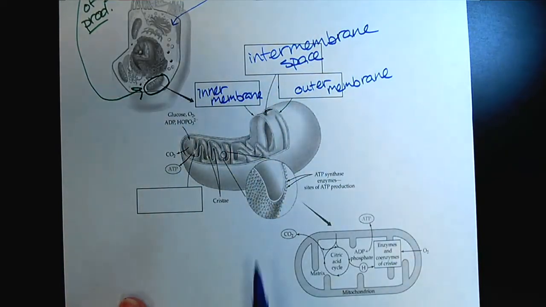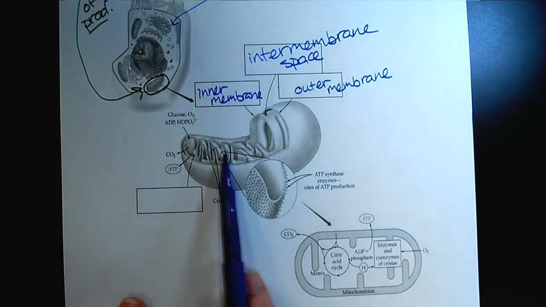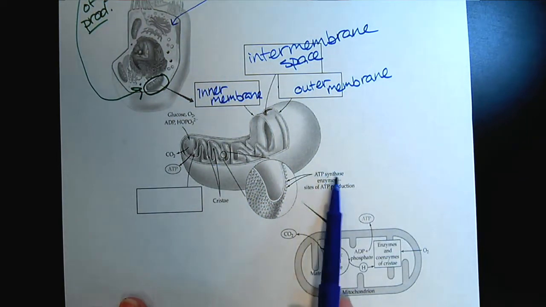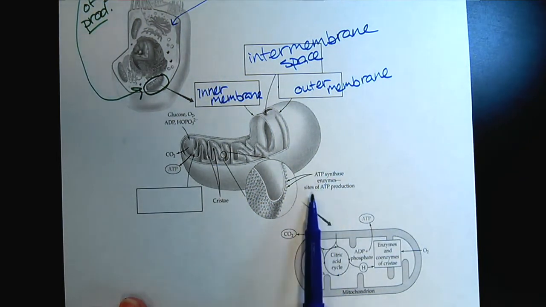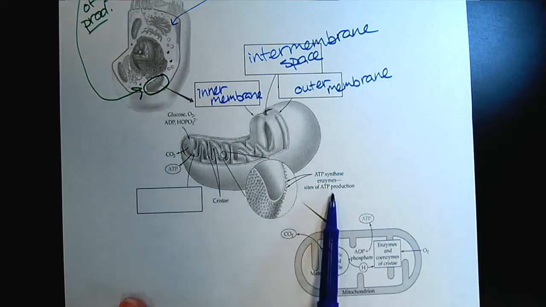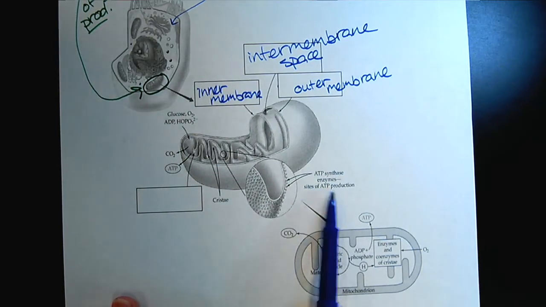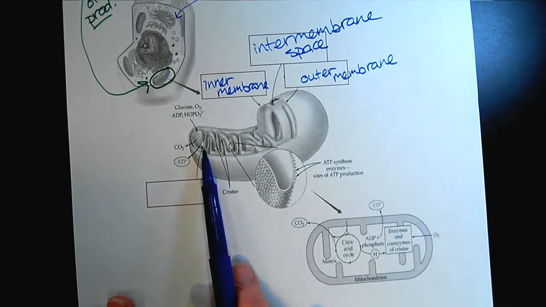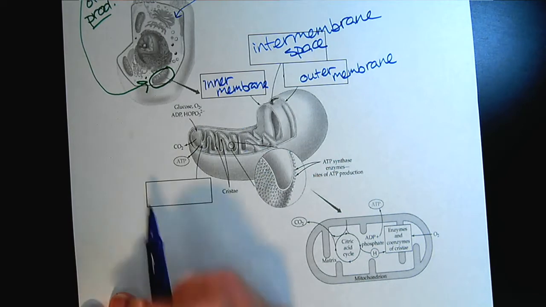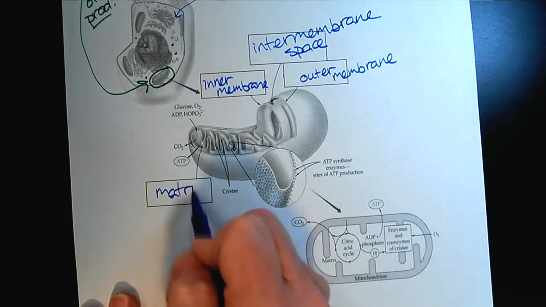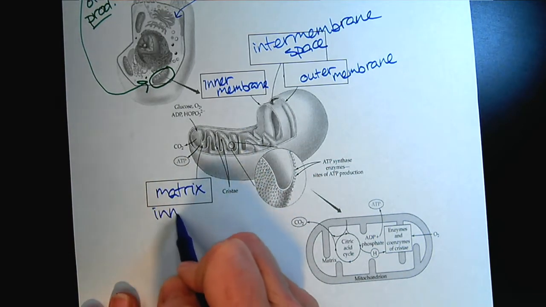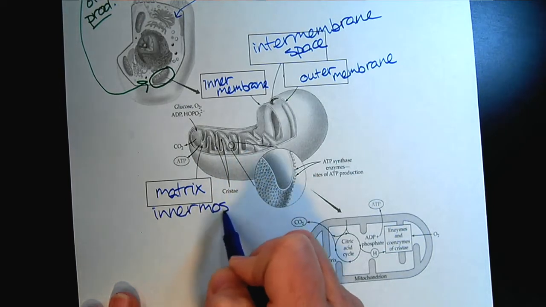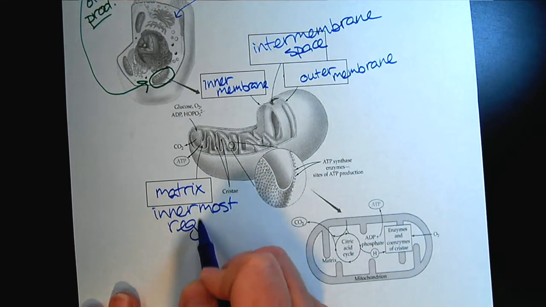Now if we look at the inner membrane, we can see the ATP synthase enzymes, and so that will be the sites for ATP production. And in the innermost area of the mitochondrion, we call that the matrix. So that's the innermost region of the mitochondria.